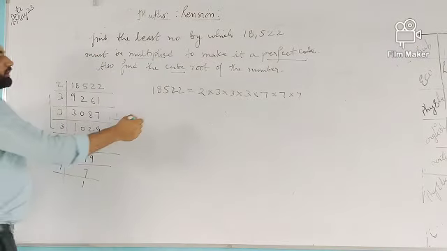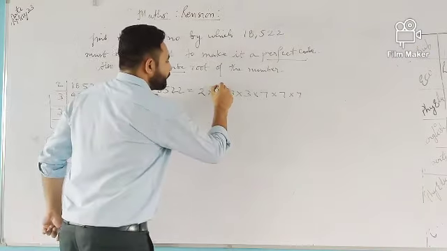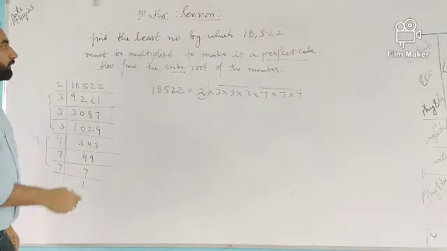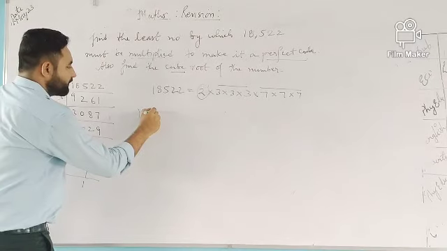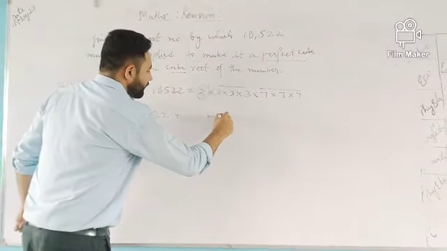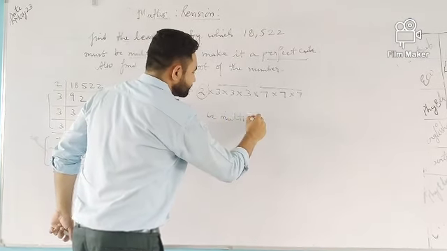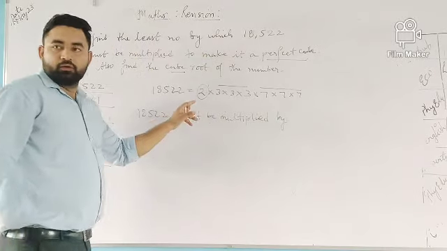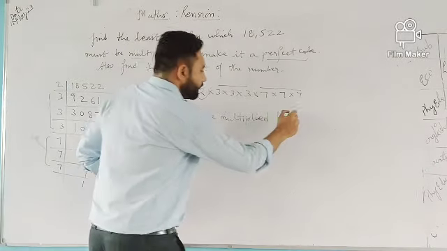Here you can see 3 is having a triplet, 7 is also there in a triplet, but 2 is not. So in order to make a perfect cube, by what number should it be multiplied? 18,522 must be multiplied by what number? 2 into 2, that is 4.